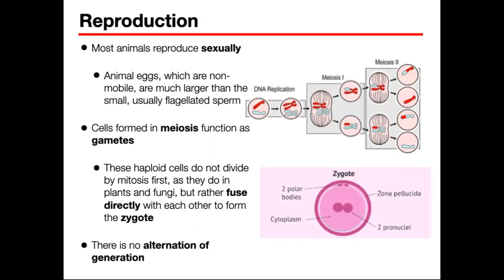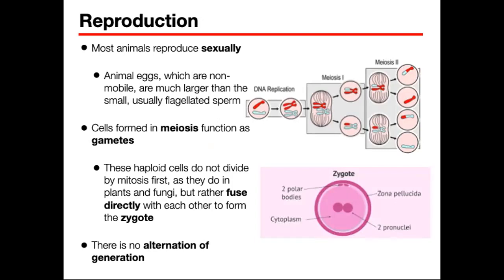In the case of animals, that's not so. Okay? In here, the haploid cells do not divide by mitosis first, but they rather fuse directly with each other to form the zygote, or our fertilized egg. We also have no counterpart among animals of the alternation of the haploid gametophyte and the diploid sporophyte.